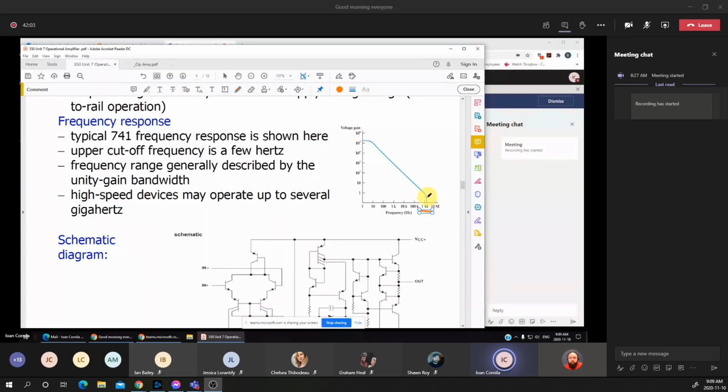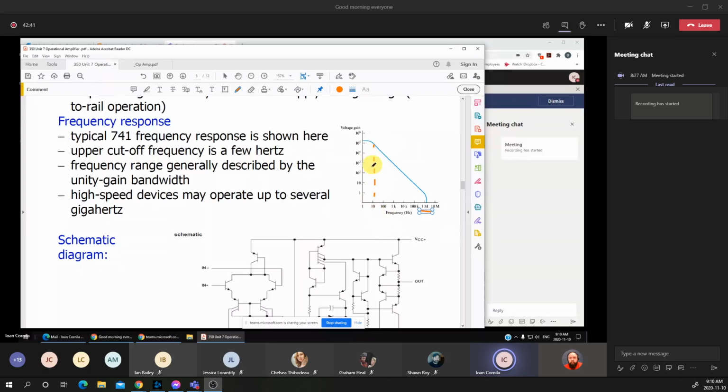And we'll make another lecture, and we'll discuss the product between the gain and the frequency, and how to manage the change in the gain as the frequency is increased. You notice that we may discuss the cutoff. That's the frequency at which there is a drop by 3 dBs as the frequency is increased.